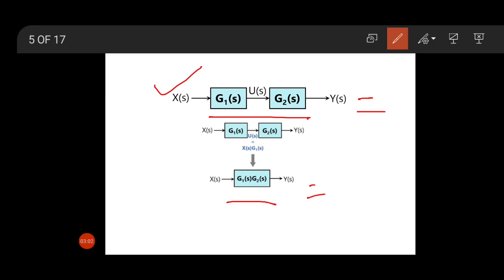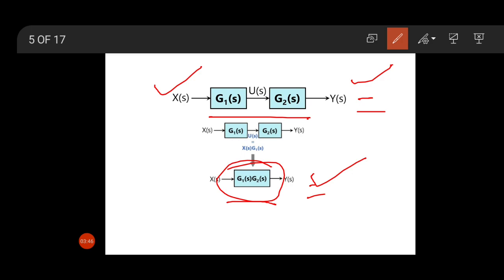So if you consider a single block like this, you also get the same output. Our intention is to get the same output whether by taking individual blocks or a combined block. If you get the same output by taking this simple block, then why take two blocks?